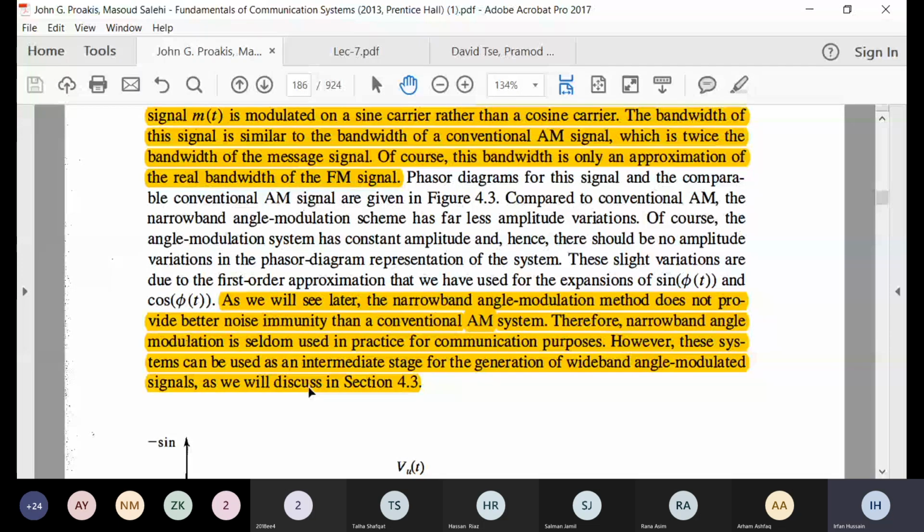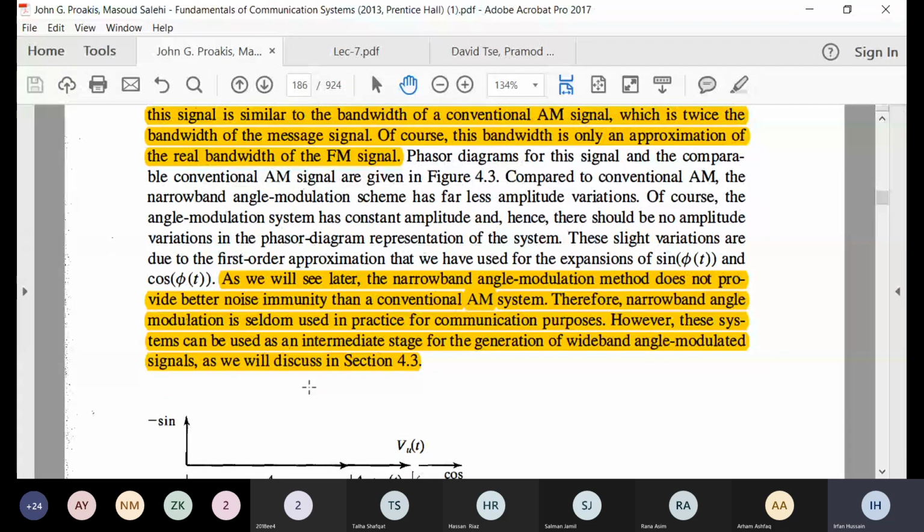So we can see the difference between conventional AM and narrow band. Narrow band angle has far less amplitude variation, because you can see it is phi t into cos or sine, but phi t into sine or cos will not vary much because phi t is a small number.